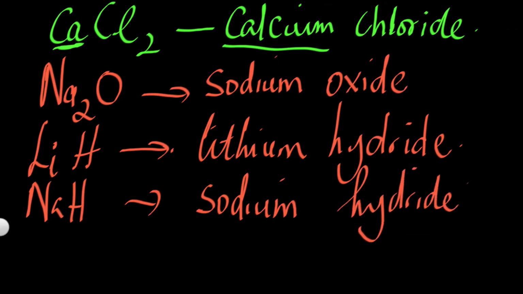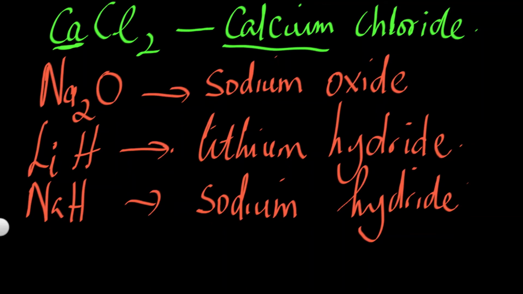I know that this sodium is the metal here. We name it as it is. Hydrogen becomes hydride. You just need to get this pattern: hydrogen hydride, oxygen oxide, nitrogen nitride, chlorine chloride, bromine bromide, iodine iodide. What else? Sulfur sulfide. Once you understand this pattern, you can name any ionic compound without a problem.